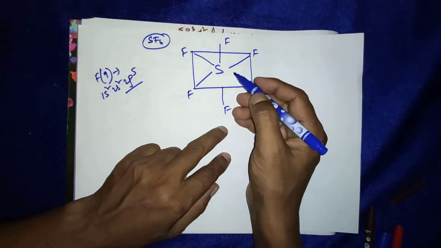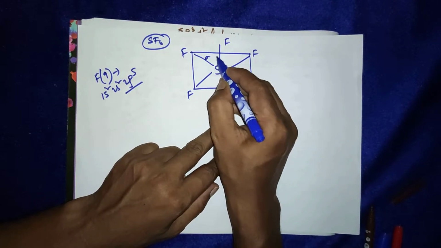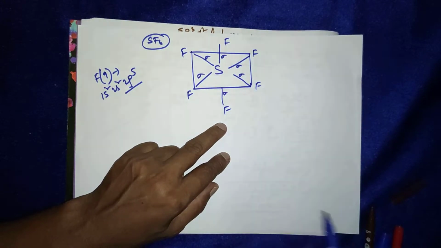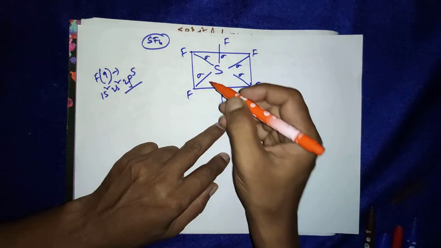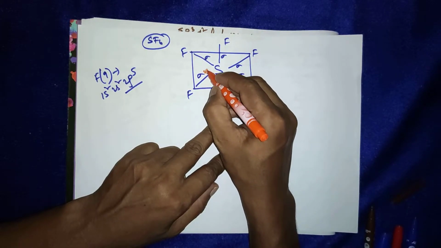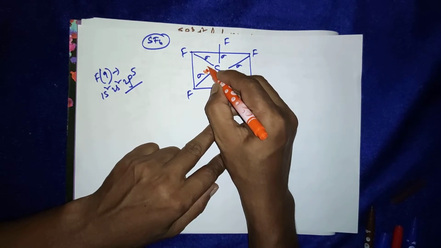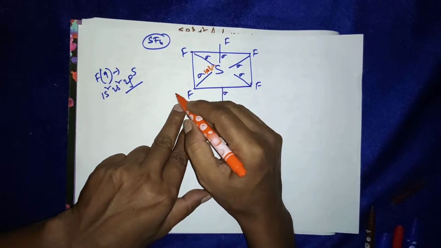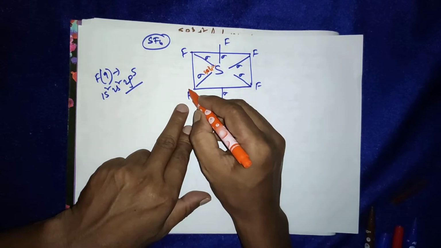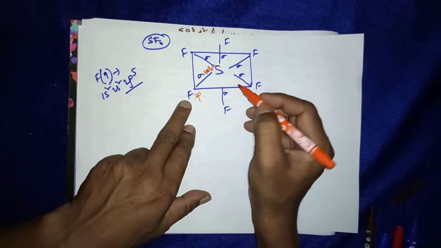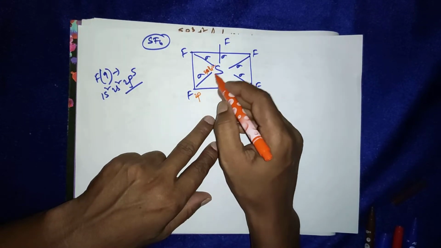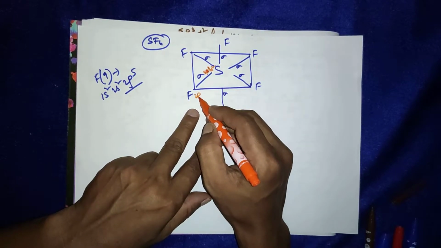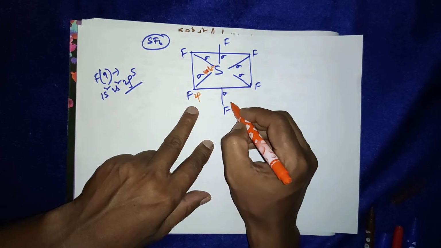Okay, so these bonds are basically sigma bonds, and here this is sp3d2 of sulfur, and this is 2p of fluorine. So bonding between sp3d2 of sulfur and 2p of fluorine.